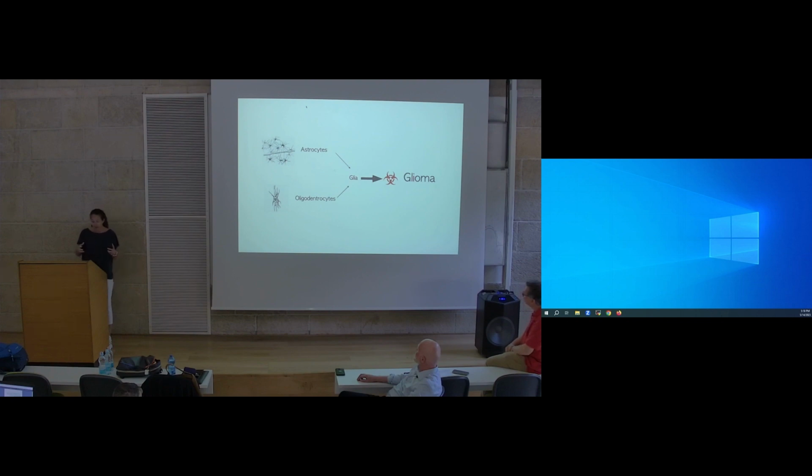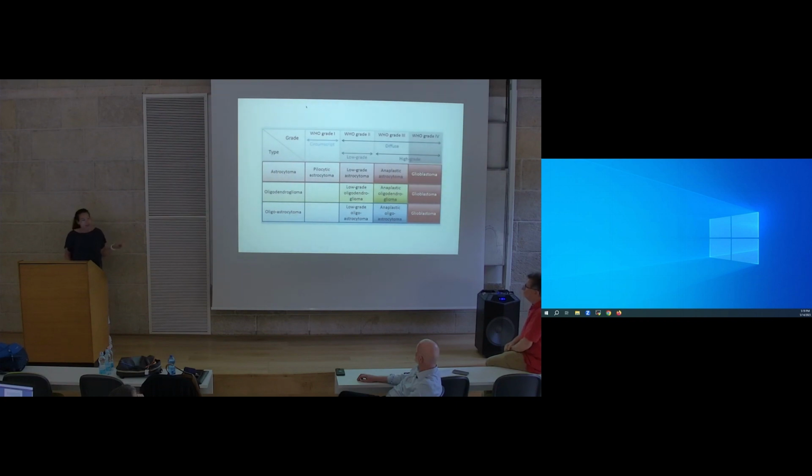So they generate from glia cells, but actually the reason why it's becoming a glioma, we still don't know. This is taken from an older overview where you can see that it all grows together. For example, you've got astrocytomas and oligodendrogliomas, the original cell, and then we differentiate in WHO grade 2, 3, 4.